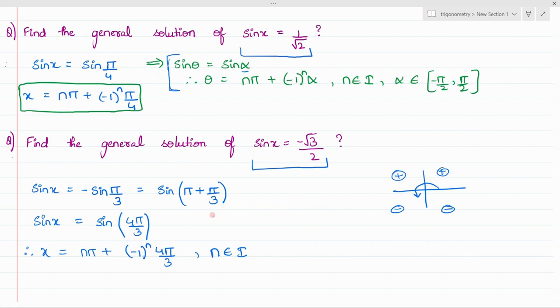Now you can also have a doubt: instead of pi plus pi by 3, we can also take 2 pi minus pi by 3, right? Because there also the sign will be negative. Yes, you can also take that, but the final answers will remain the same. Only the form of the solution might change, but all the values of x will remain the same.